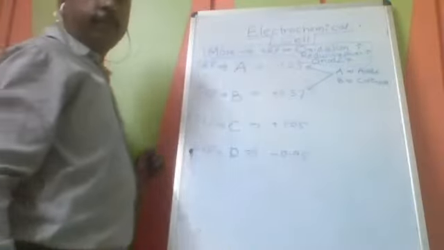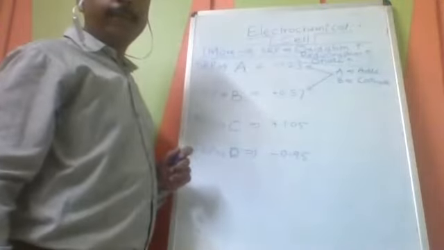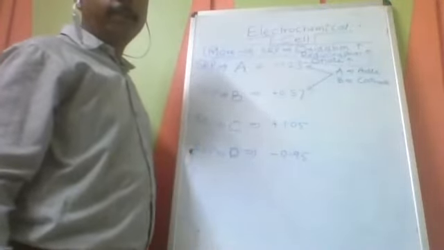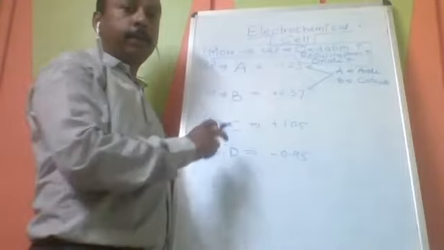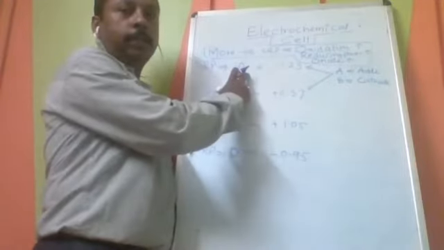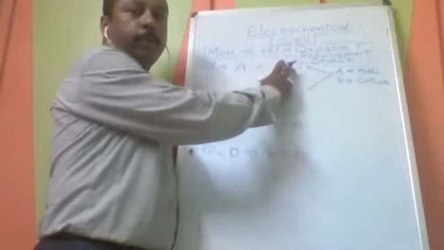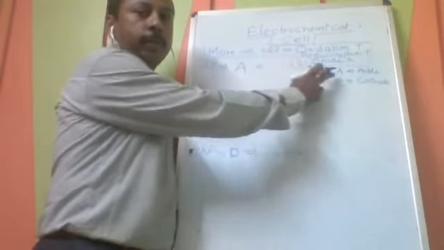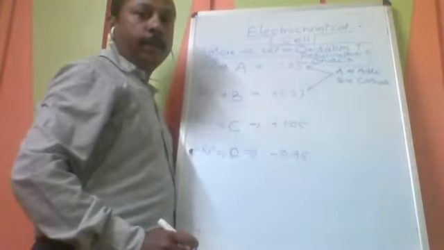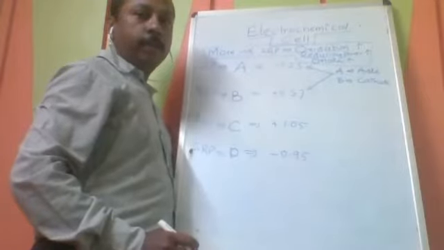When I am using the first two elements as a pair, A is minus 1.23, more negative. That's why A will be acting as anode and B will be acting as cathode.